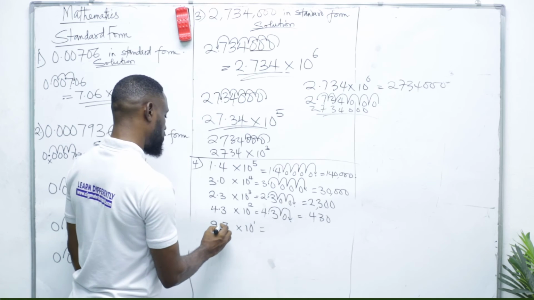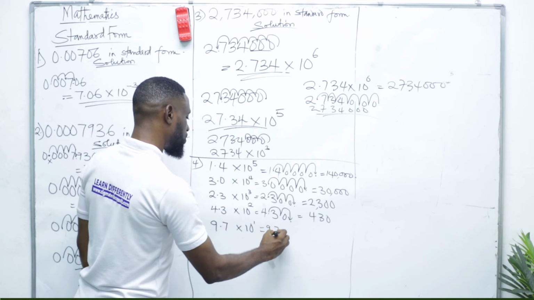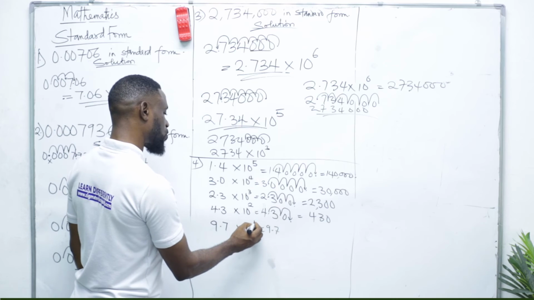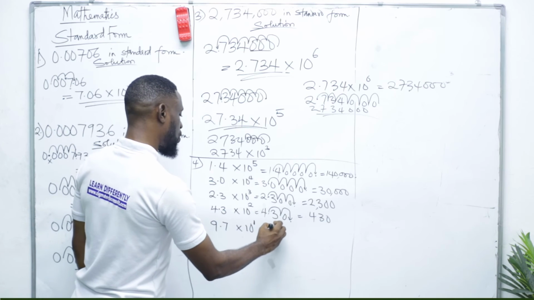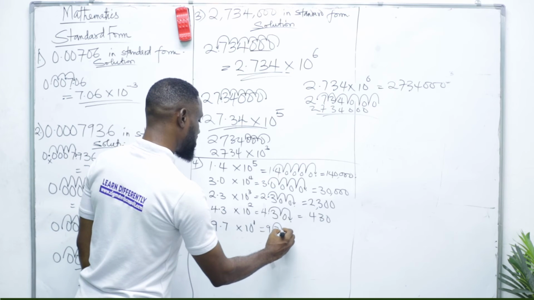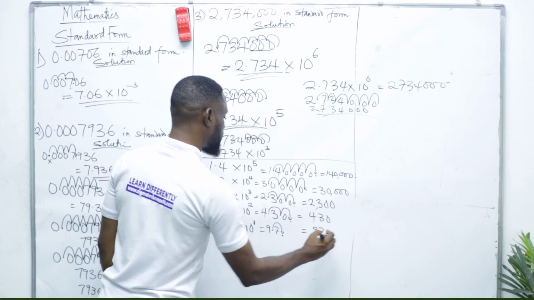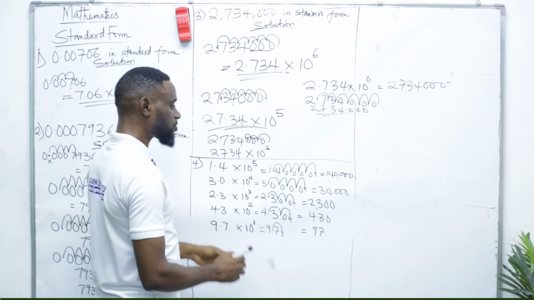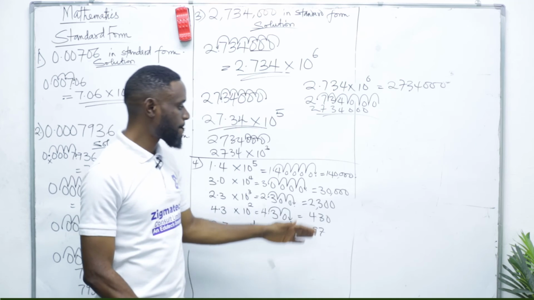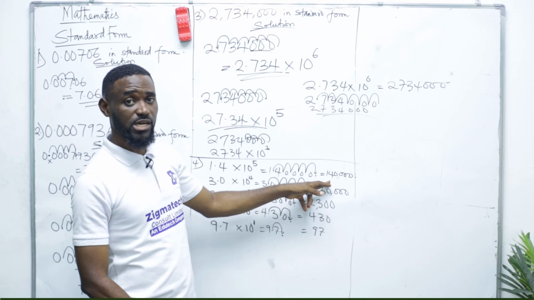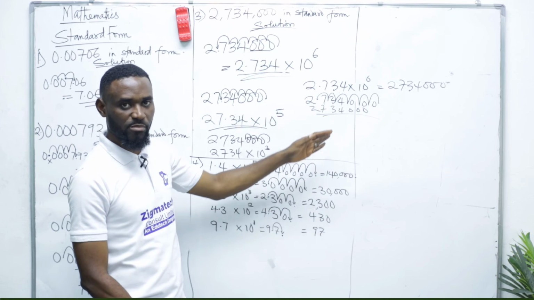The next one is 9.7. How many times are we moving? Just once. So the point is now here. So this will be equal to 97. Is that okay now? If you look at everything we have here now, 140,000 is the largest number, the greatest number in all of them.